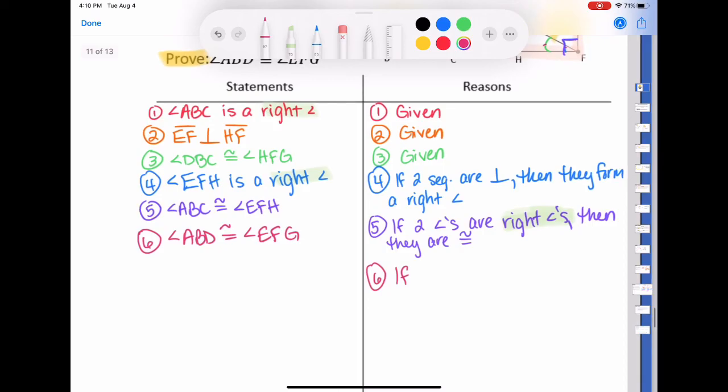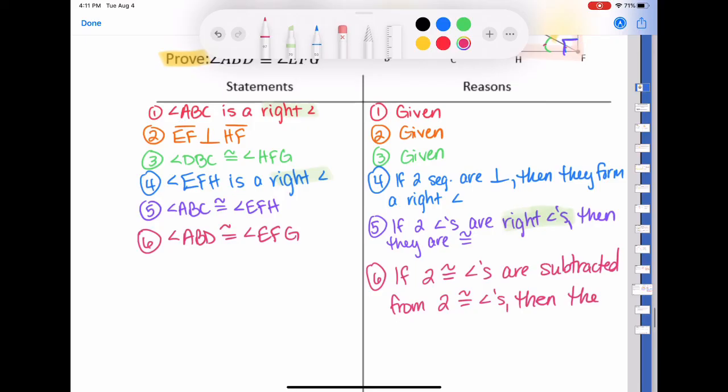So if two congruent angles are subtracted from two congruent angles, then the differences are congruent. All right, so I'm definitely using the subtraction property, so make sure I've got that good vocabulary, and it was definitely two congruent angles being subtracted on this one.